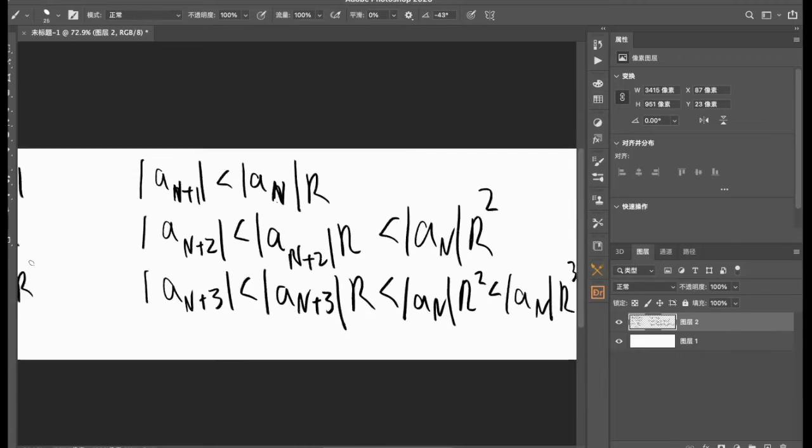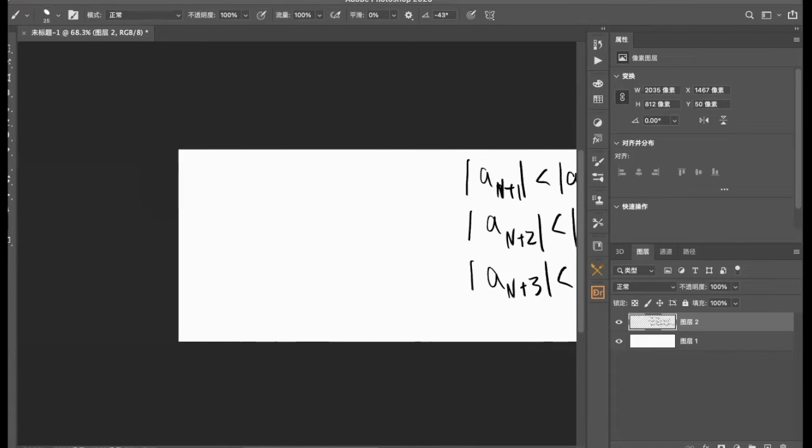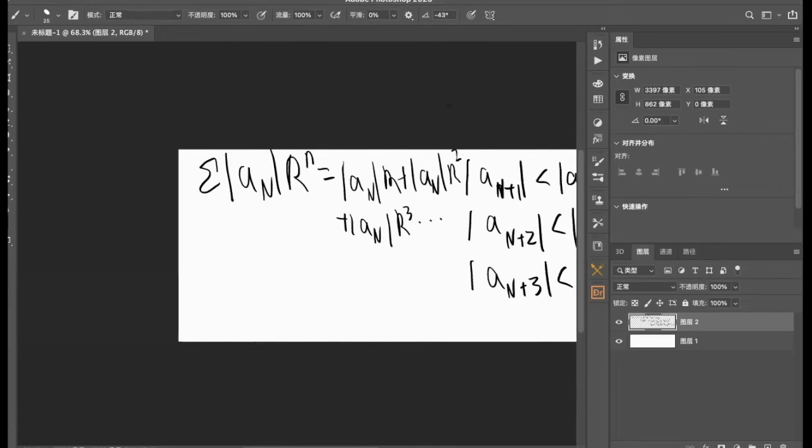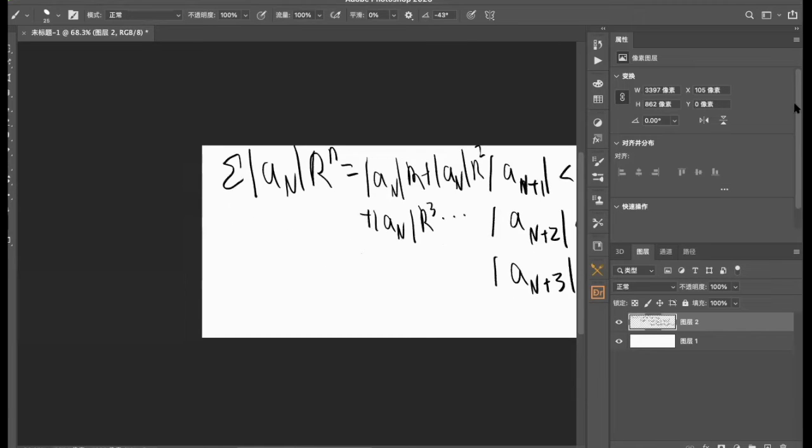When we have those inequalities, we can come up with a geometric series, and we know this will converge, considering that R was smaller than 1. So by the direct comparison test, this series will also converge.